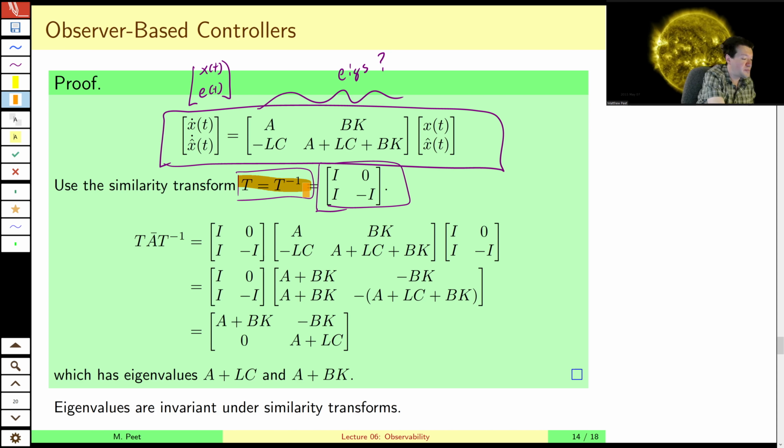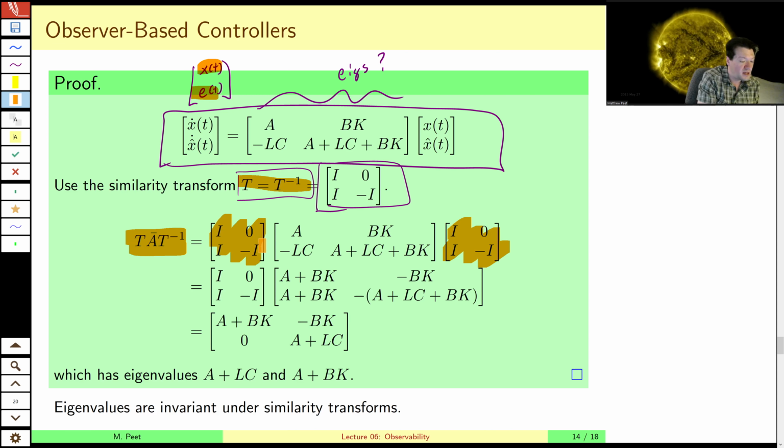It actually corresponds to changing the states to x and e of t. But you didn't know that a priori, so forget I told you that. So do the similarity transformation, construct T A T inverse, and T inverse is the same as T, so they're just the same matrix. Multiply this big matrix on the left and the right.